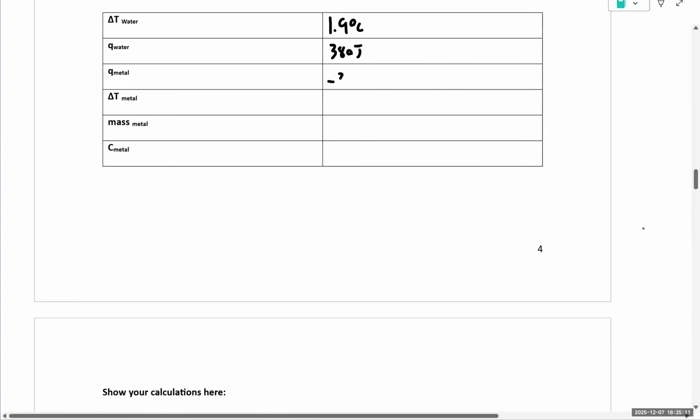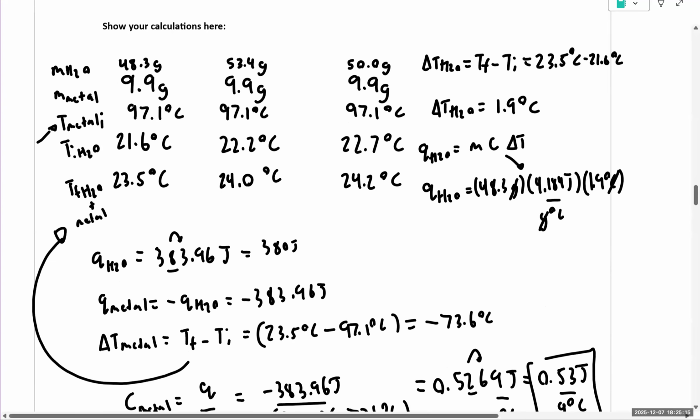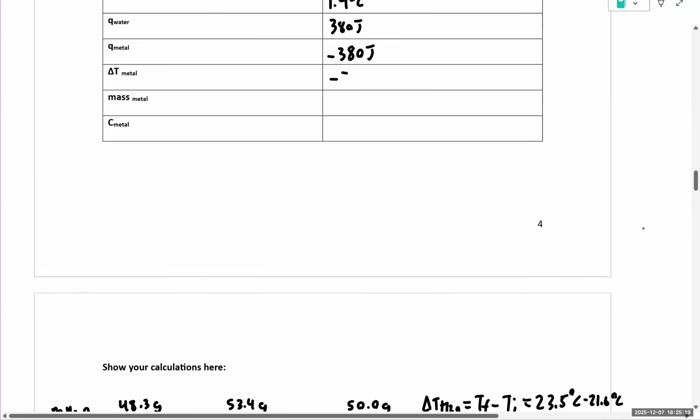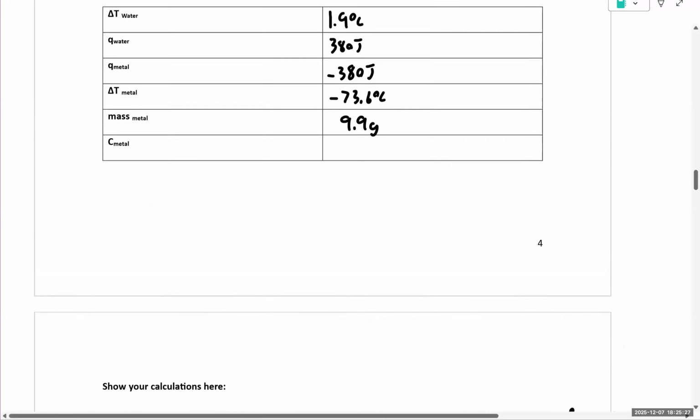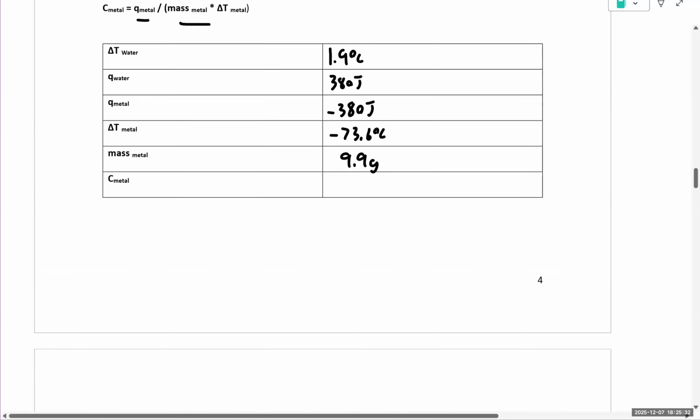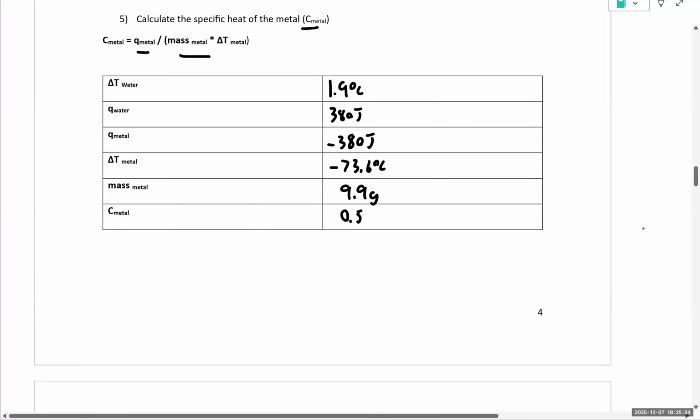The Q metal was negative 380 joules. The delta T of the metal was negative 73.6 degrees Celsius. The mass of metal was just 9.9 grams. And the specific heat of the metal that we calculated was 0.53 joule per gram degrees Celsius.